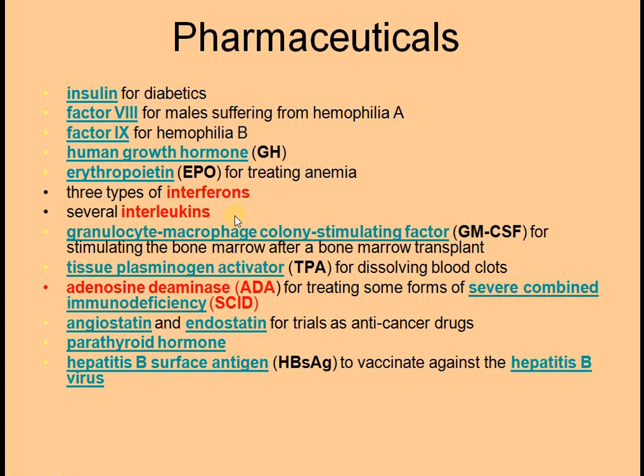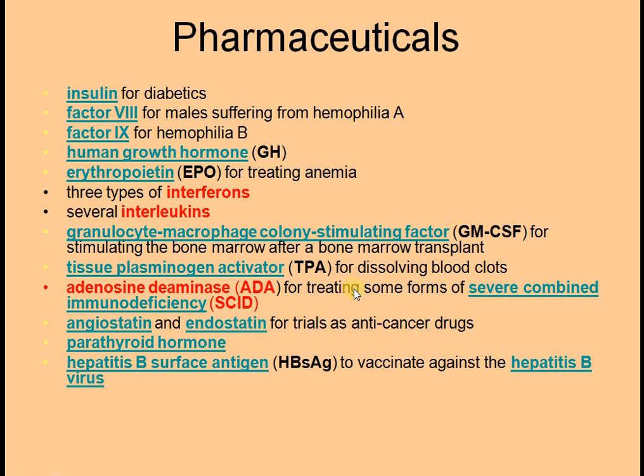Then several interleukins can be produced by rDNA technology. Then granulocyte macrophage colony stimulating factor, that is produced by rDNA technology, is used for stimulating the bone marrow after bone marrow transplant. After bone marrow transplant, what happens? As the transplant is foreign, it will not be accepted and it will not start the normal process.